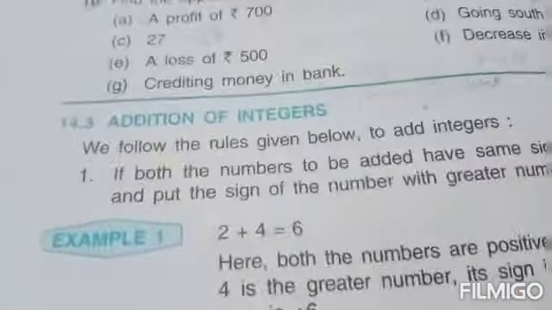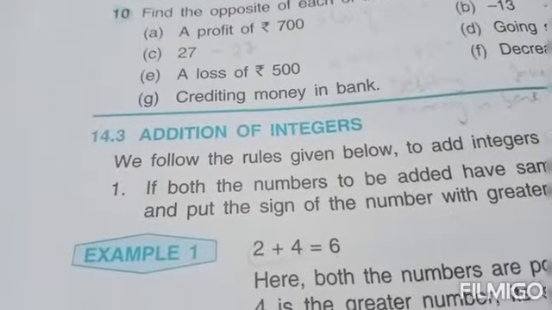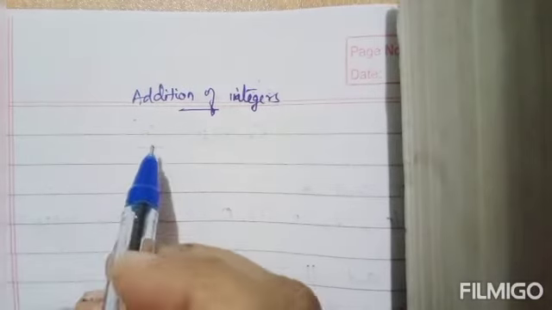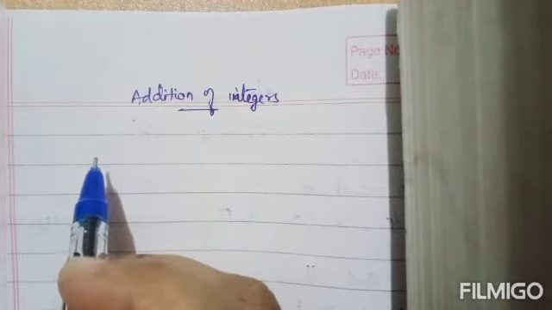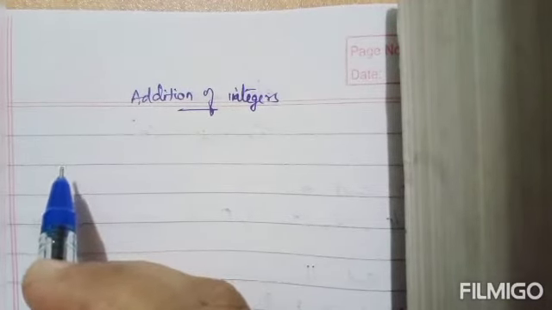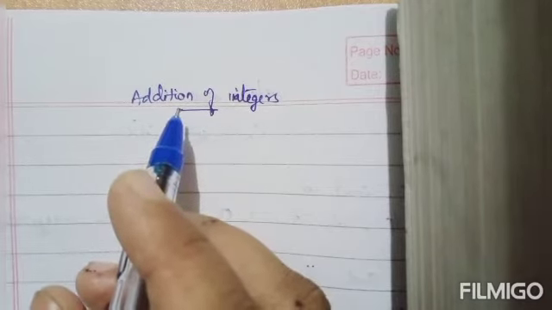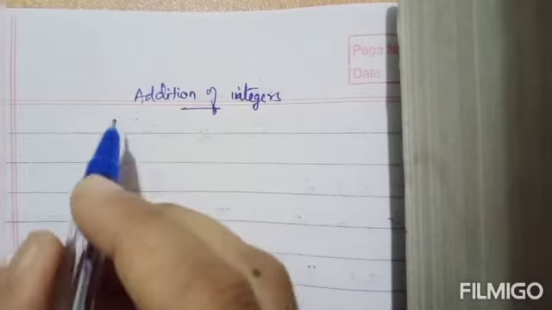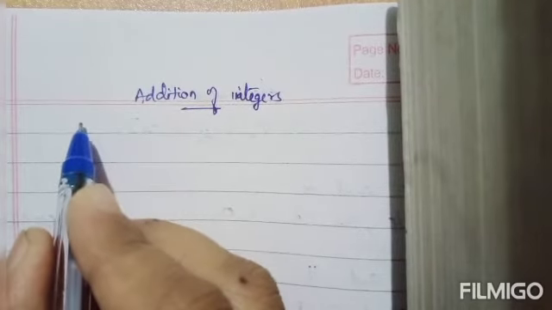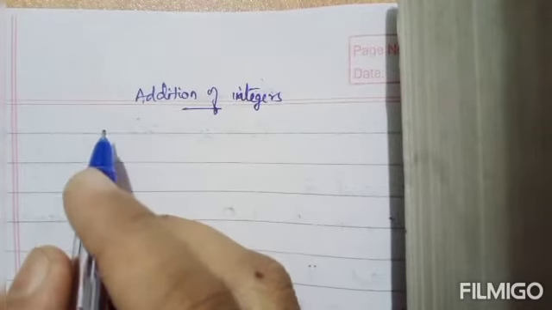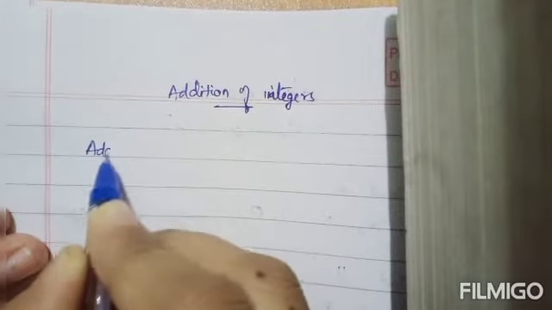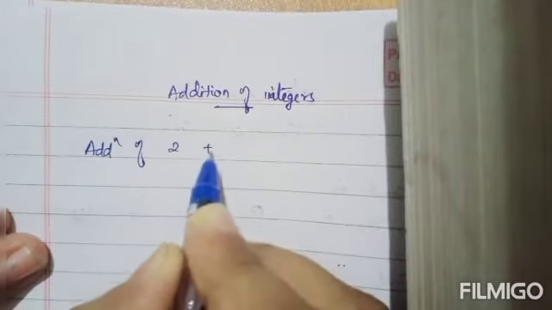Next topic, addition of integers. In order to add two integers, we have to follow some rules. First let us take addition of two positive integers.